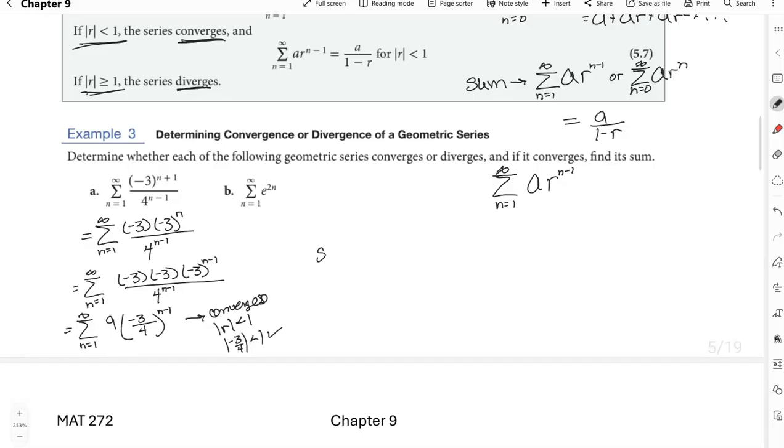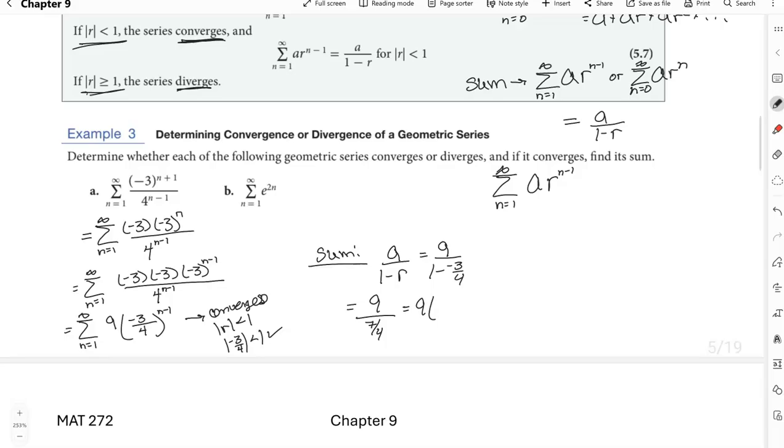So then what would the sum be? The sum is going to be a over 1 minus r. So in this case, my a is 9, and my r is -3/4. So I have 9 over 1 plus 3/4. 1 plus 3/4 is 7/4.